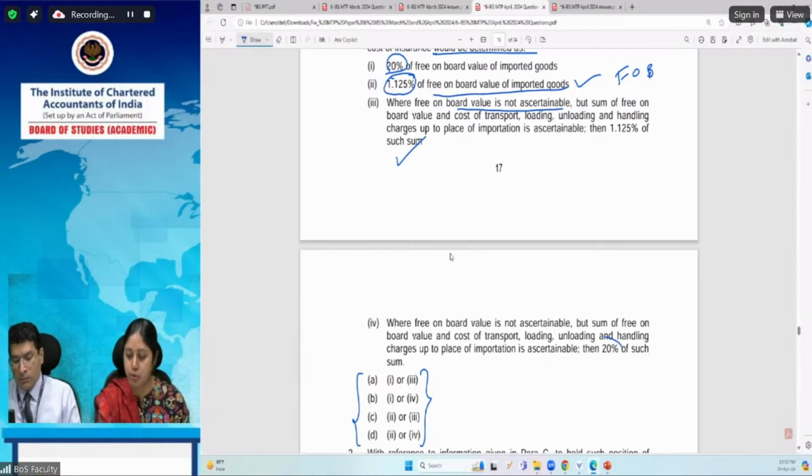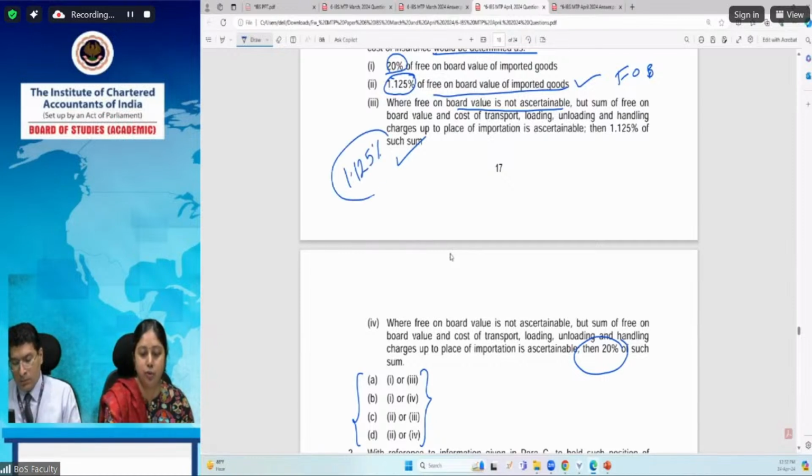So I think most of you must be aware that the percentage of insurance which we have to take is 1.125%. In case the FOB value is available, then we'll take the FOB value into 1.125%. In case the FOB value is not available, then the sum of FOB value and the cost of handling, loading, unloading, and transportation charges together has to be taken, and of that value we'll take 1.125%.